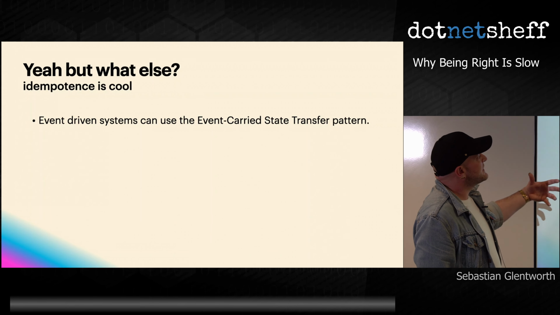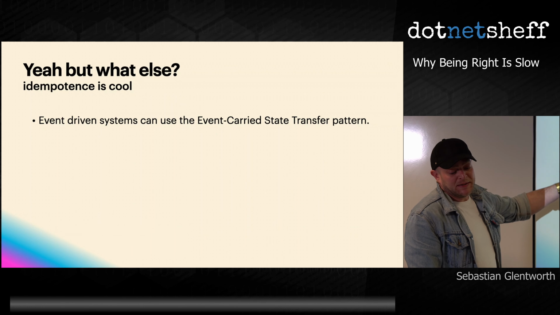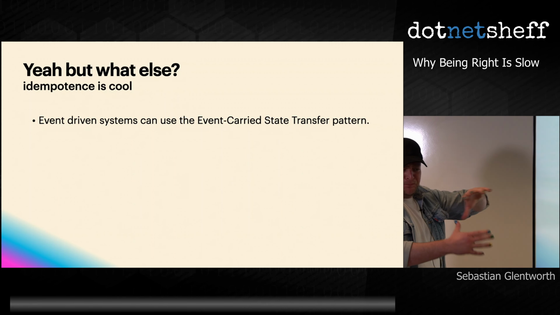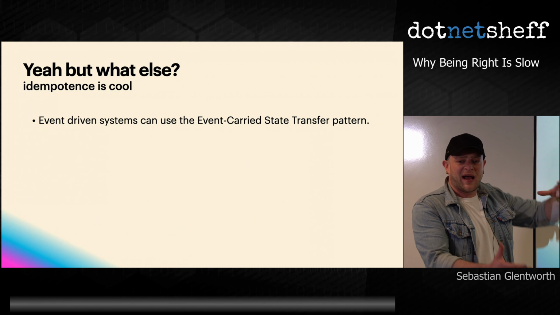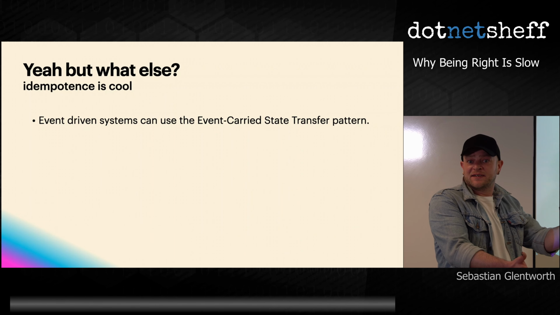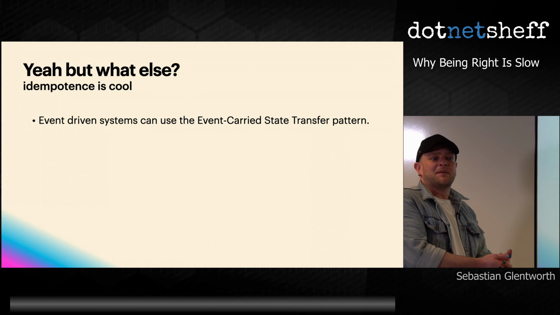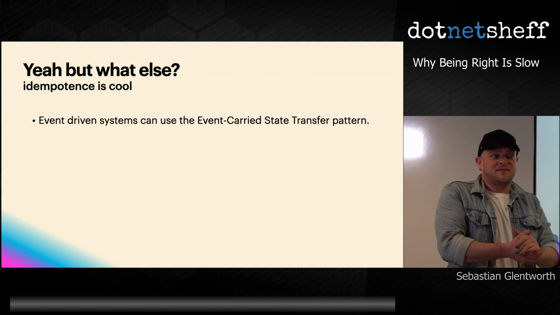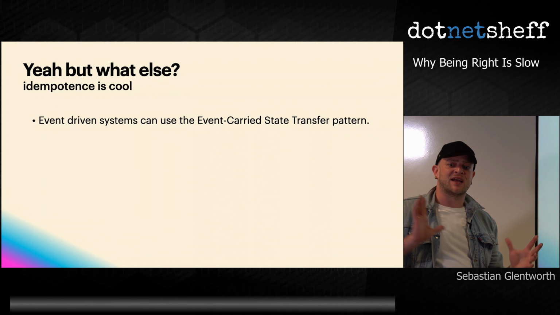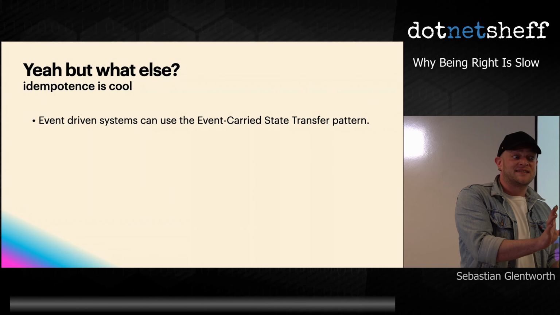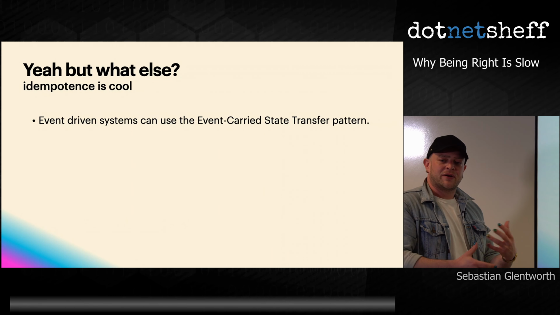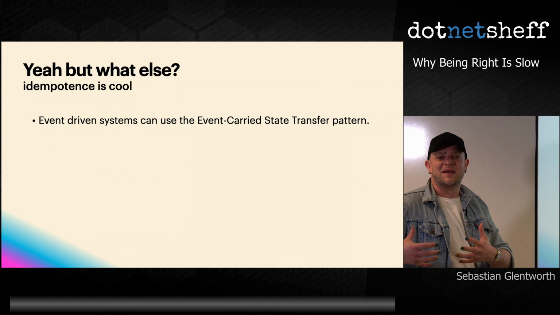So you can use things like the event-carried state transfer pattern, whereby you actually pass the entire object model as it comes. So every time you do an update, you emit an event that says the object now looks like this in its totality. And what you can do is look at, okay, when was the last emitted event?